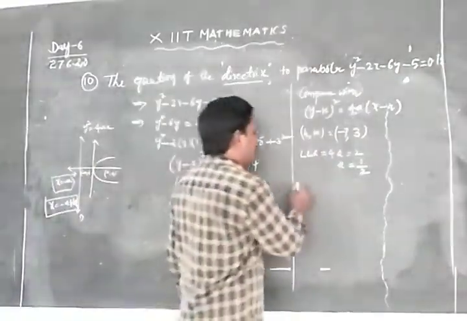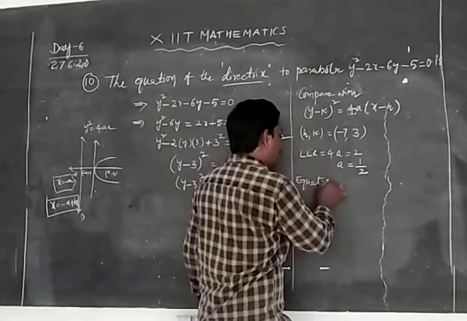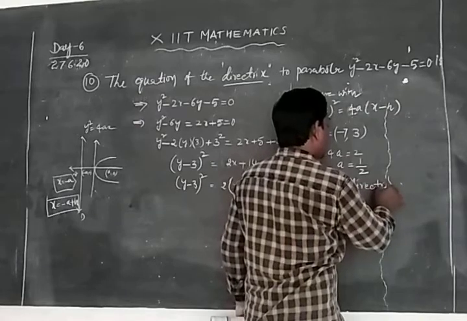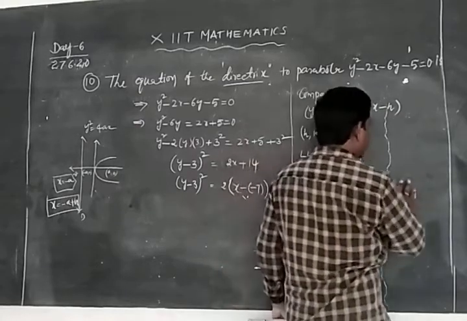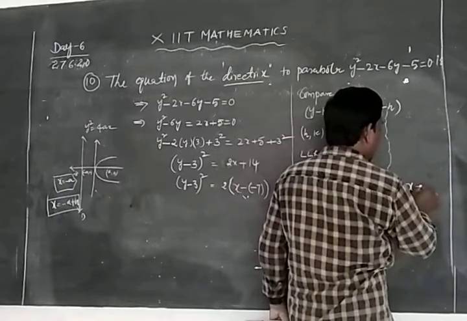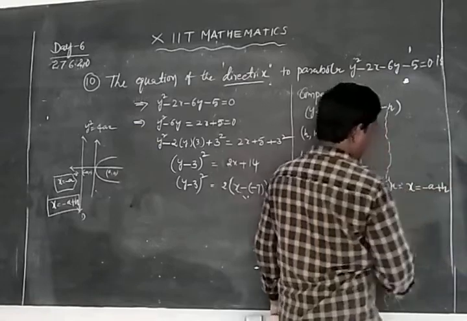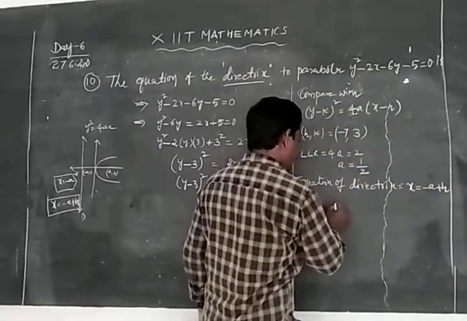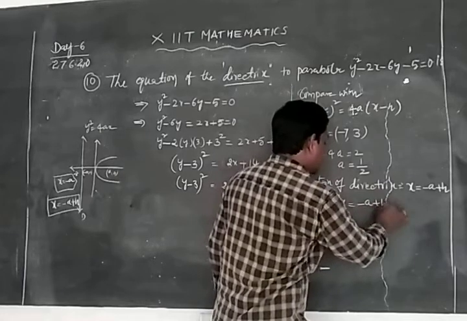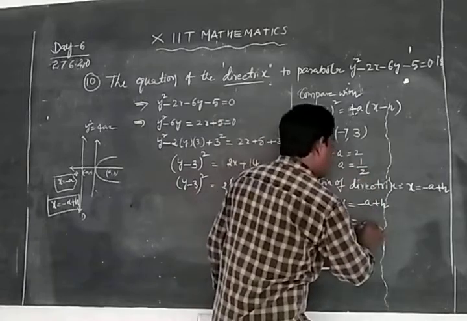Now, the equation of the directrix is x equal to minus a plus h. What value should it have? Minus 1 by 2 plus h.